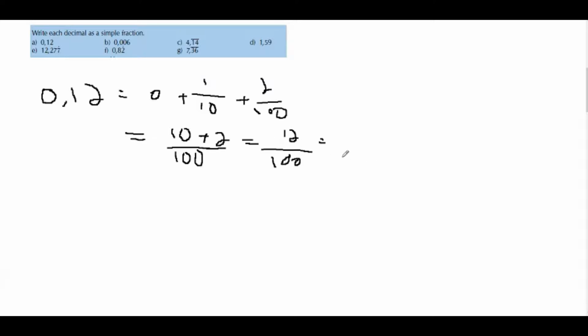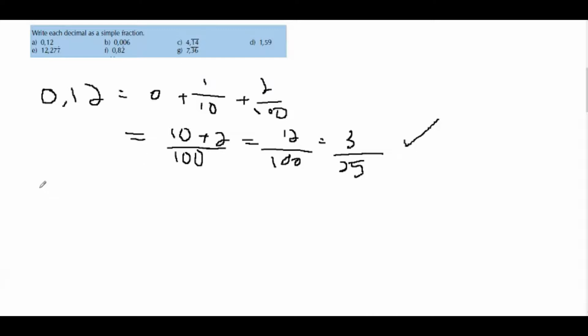Yes, we can. You can use your calculator or whatever means you find necessary, unless I tell you do not use a calculator and you have to show more steps. In this case, what's a common factor? 4. So 12 divided by 4 is 3, and 100 divided by 4 is 25. Easy marks.